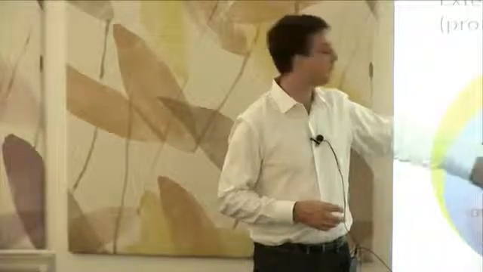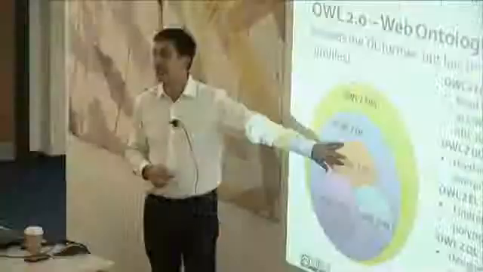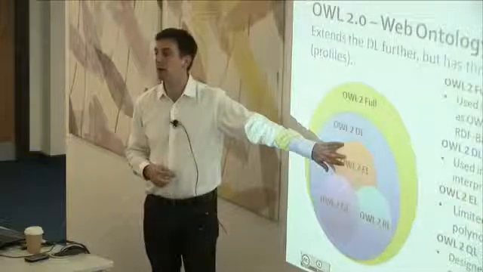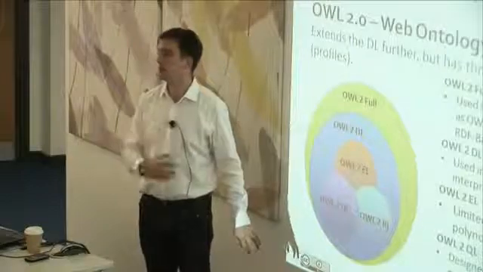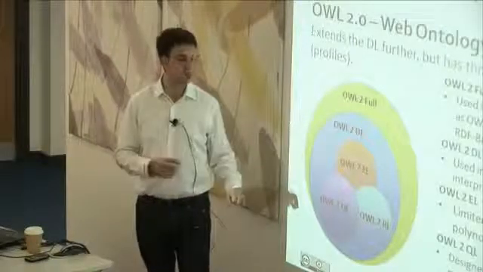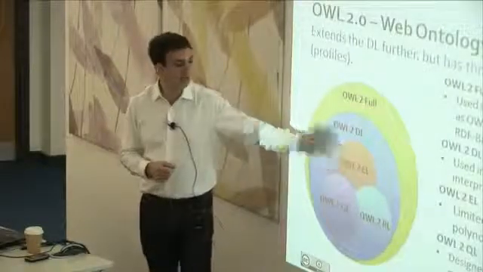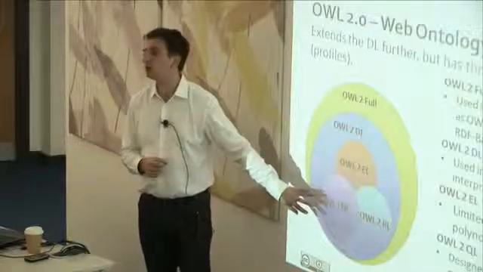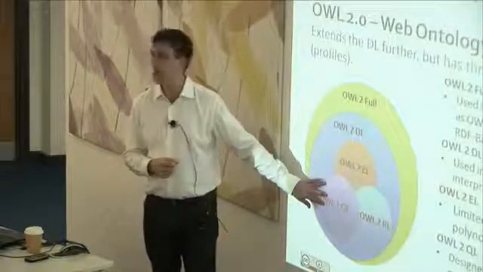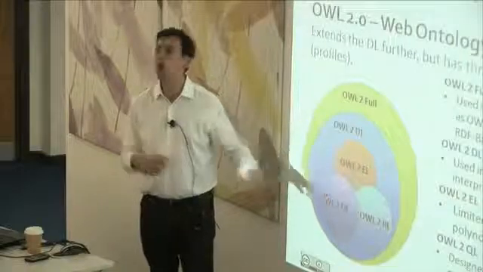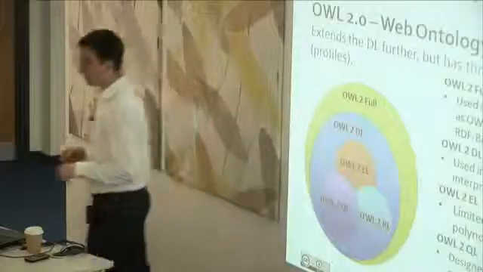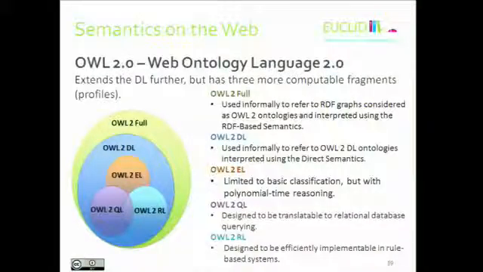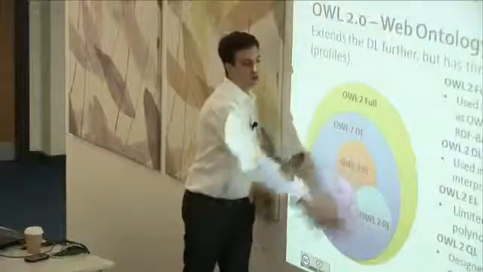We can, for instance, pick this dialect, which has EL, part of OWL, which has only those OWL properties that have quite efficient implementations in terms of the size of the model, or we can say we're implemented on top of a relational database and pick the QL profile, or we're implemented on top of a rule-based system and we have the RL profile.